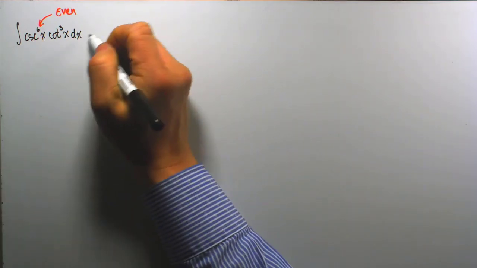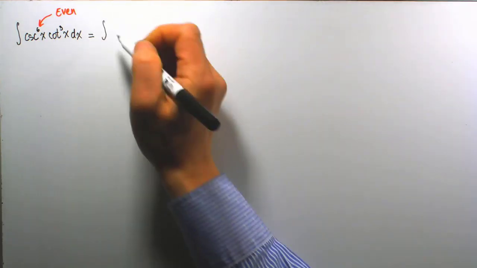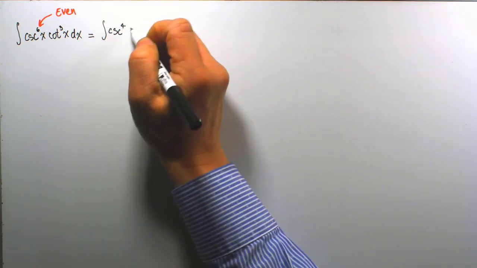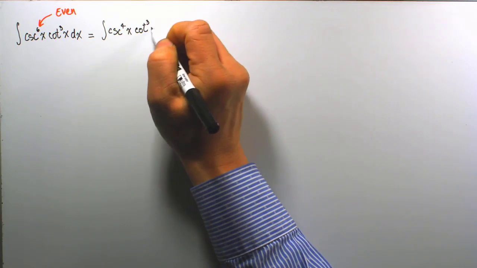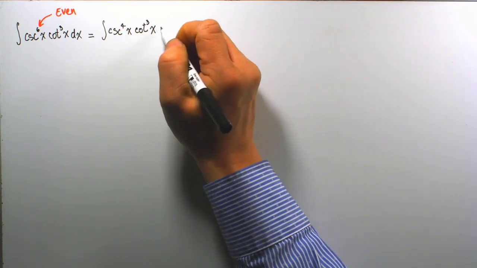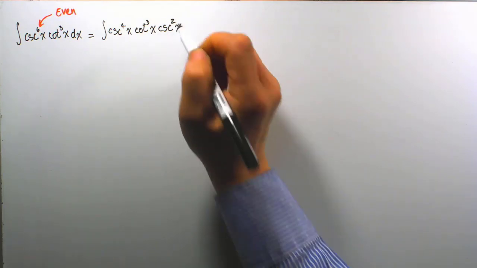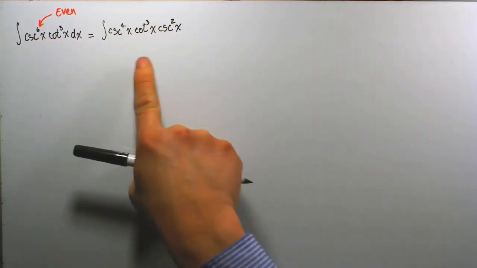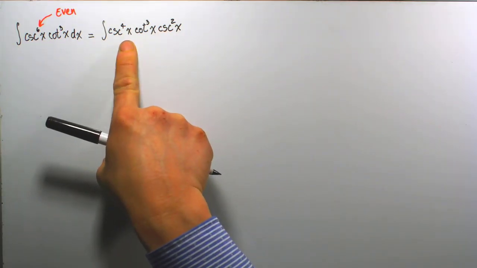From the general guideline that I have given, with this cosecant at the even power, we can purposely rewrite our integral as follows. I'm going to write that as cosecant to the fourth of x times cotangent cube of x, but I isolate out a power 2 of the cosecant. So instead of writing that totally as cosecant to the 6, I separated out a cosecant square, and the remaining is a cosecant to the fourth.